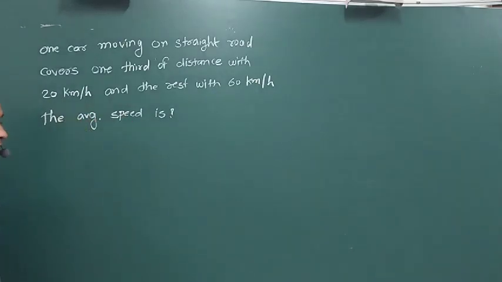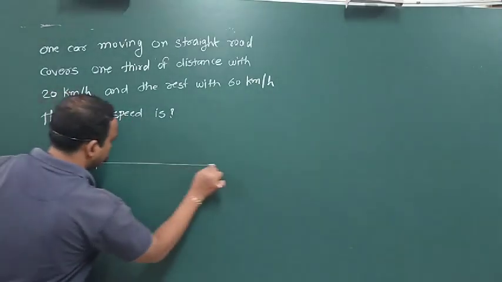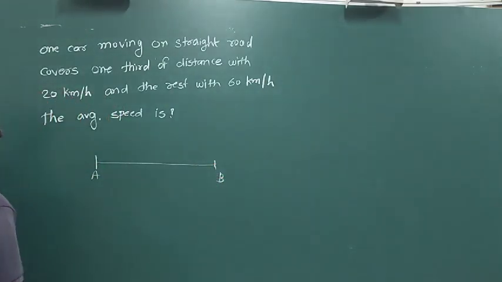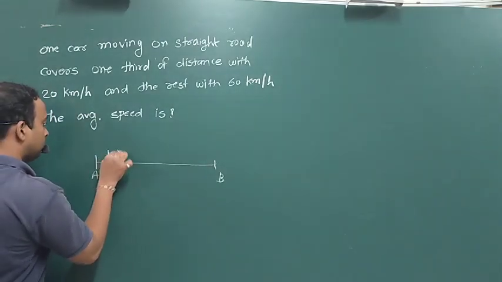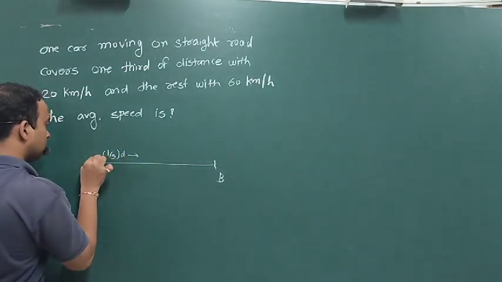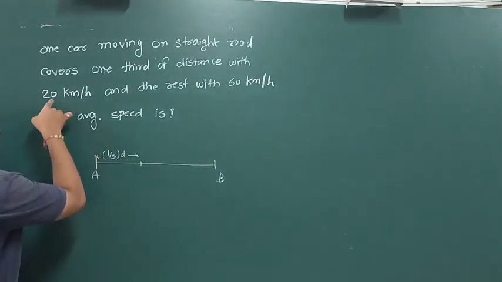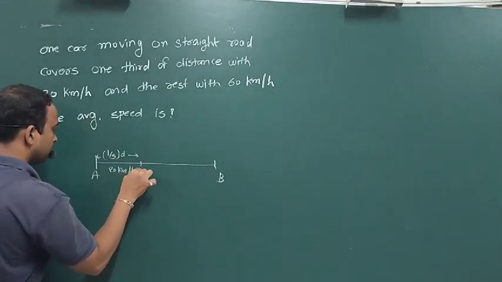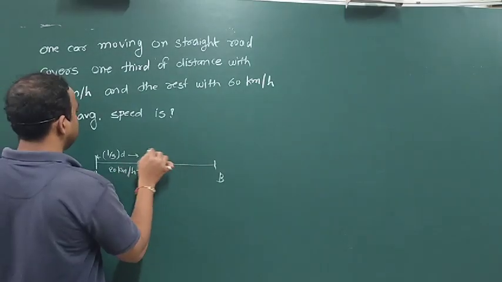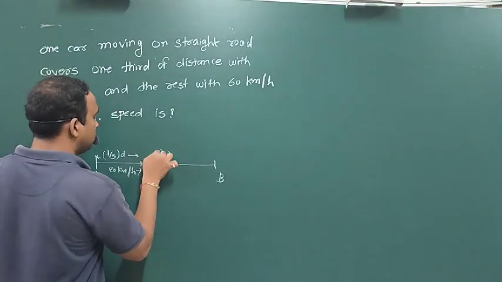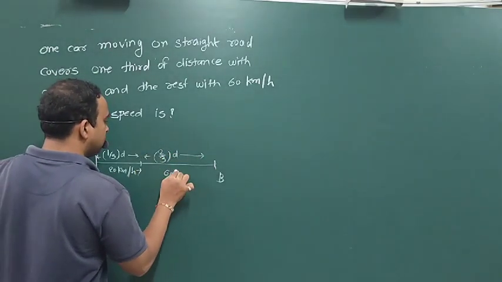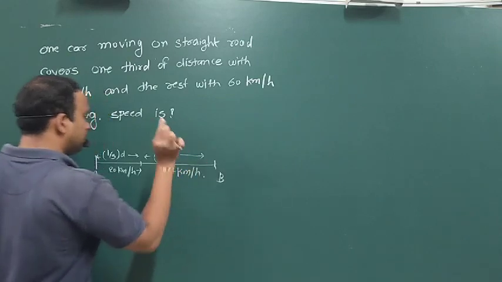The average speed is, okay, suppose that car is moving in a straight line, A to B. That car covers 1/3 of the distance with speed 20 km per hour. Okay, and the remaining, that means 2/3 distance, is covered with 60 km per hour.